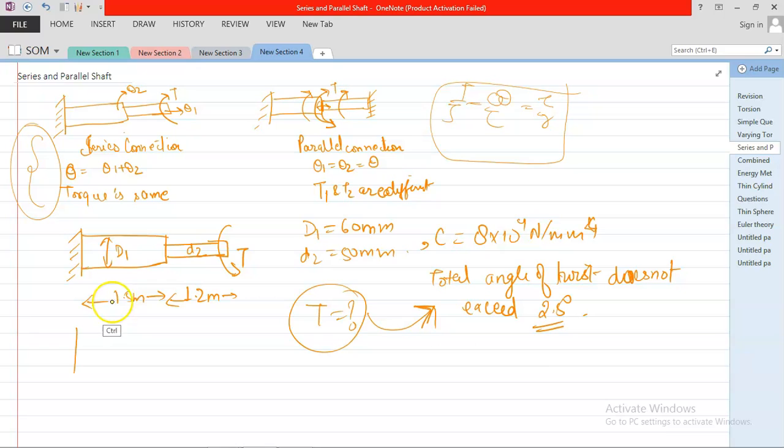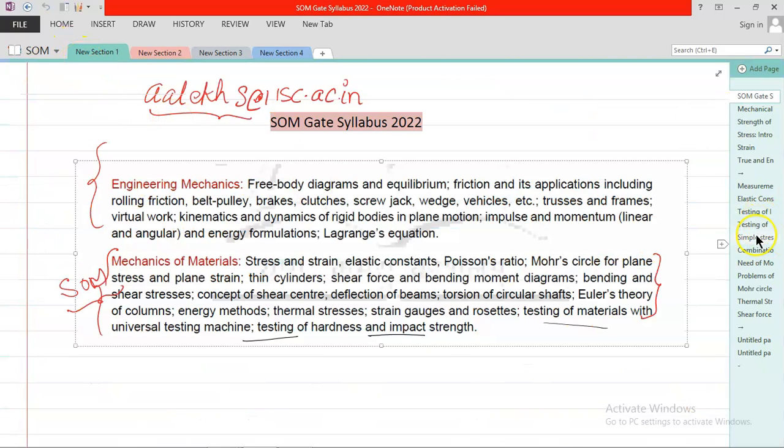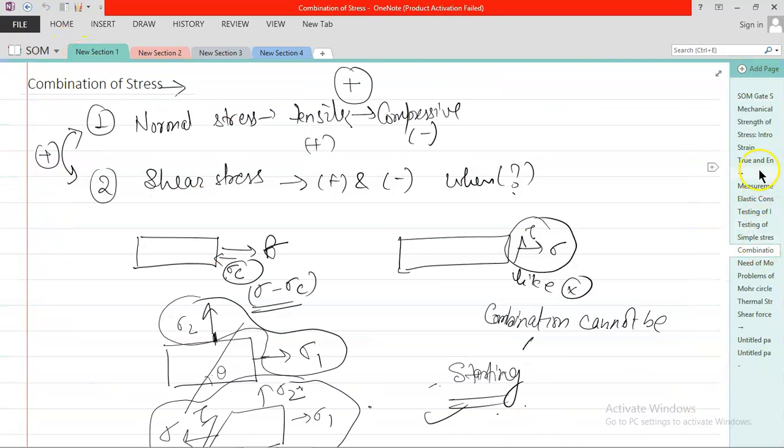So let me discuss this. First of all, let's draw the free body diagram.